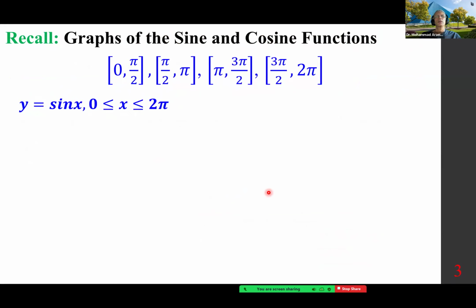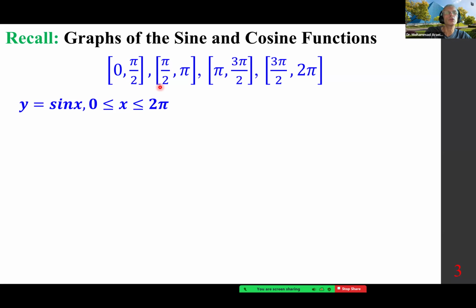For sine and cosine, we know the period is 2 pi, and a complete cycle is drawn from 0 to 2 pi. We can cut this 2 pi into 4 equal sub-intervals. When we divide 2 pi by 4, it becomes pi over 2.